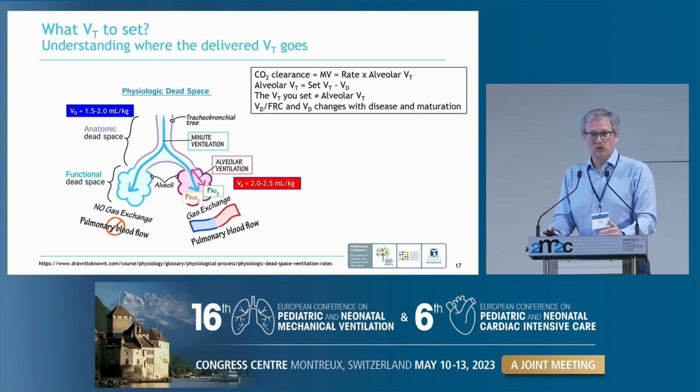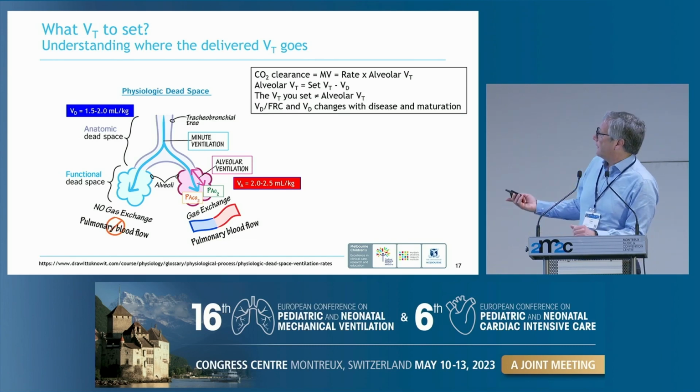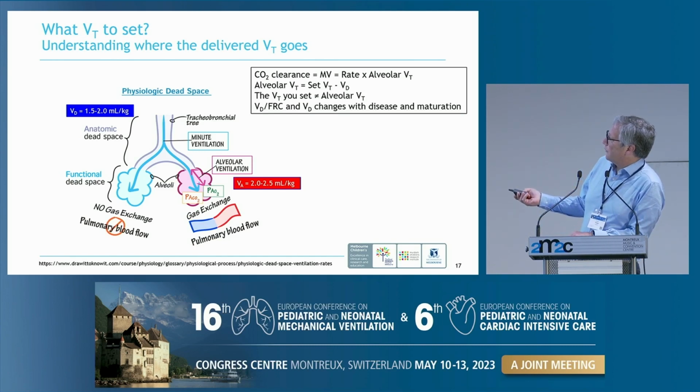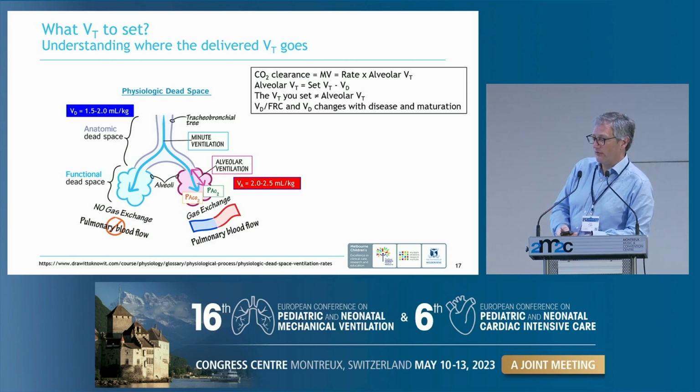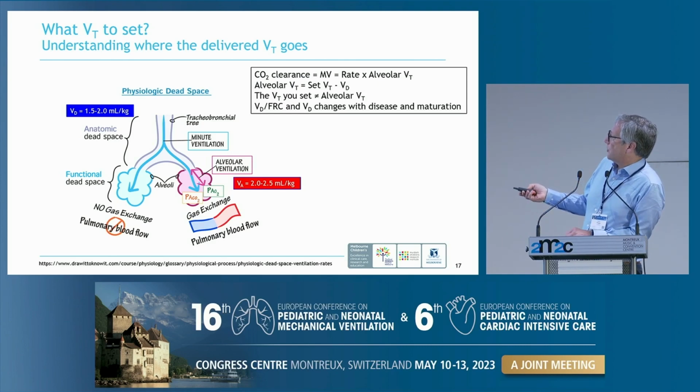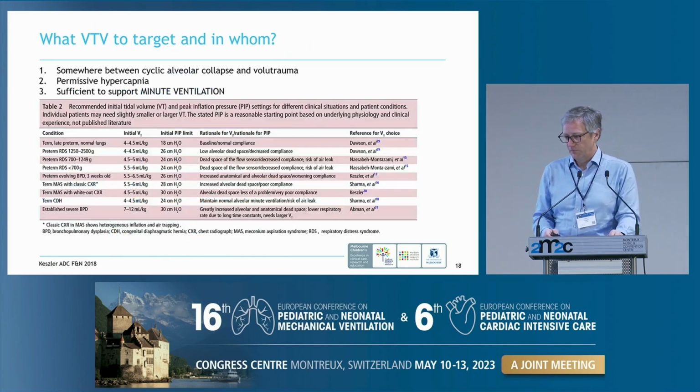Gas exchange occurs at the alveolar level, and we need to maintain an appropriate alveolar volume to support CO2 clearance, which is related to our rate. And to do that appropriately, we need to ensure that our tidal volume leaving the ventilator is sufficiently large to overcome the dead space that the patient has and deliver sufficient tidal volume into the alveolus to support minute ventilation.